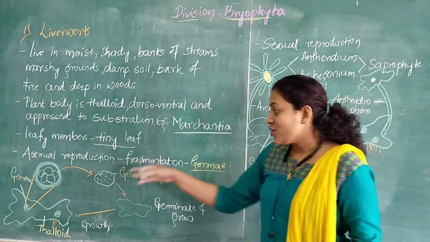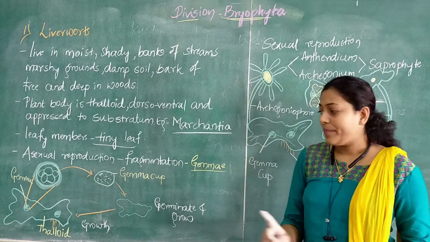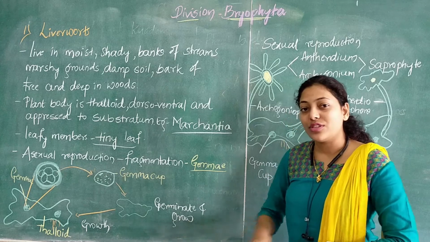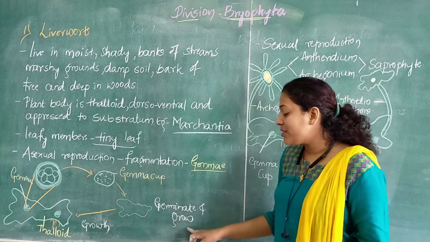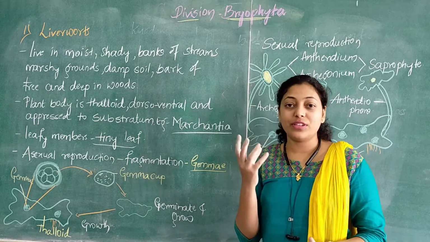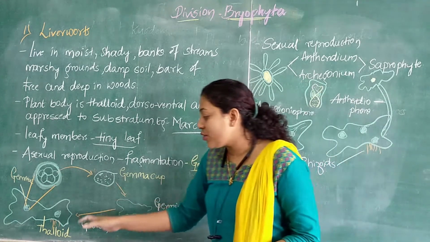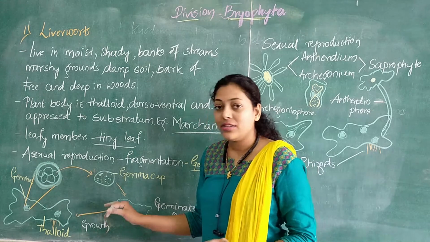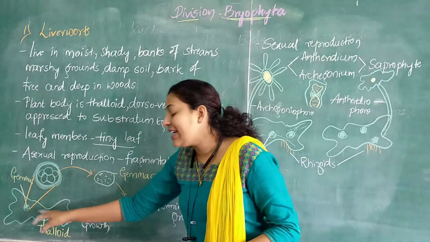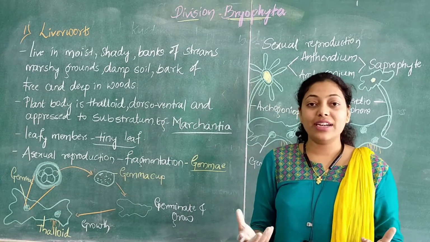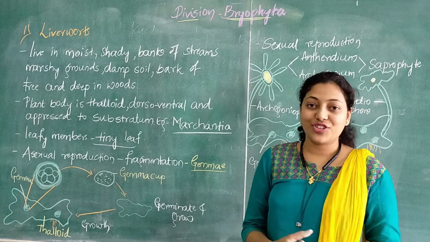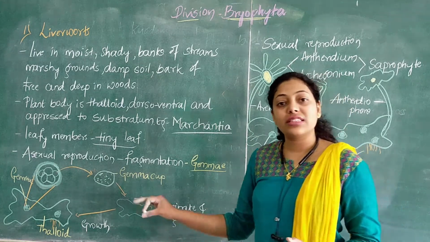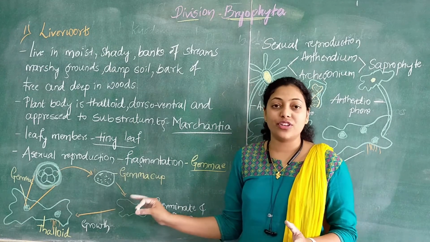So I have taken only one gemma, and it undergoes germination and forms the growth of a normal thalloid body, and after nourishment it grows into an adult thalloid with other adult structures. Is it clear? So this is the mode of asexual reproduction.